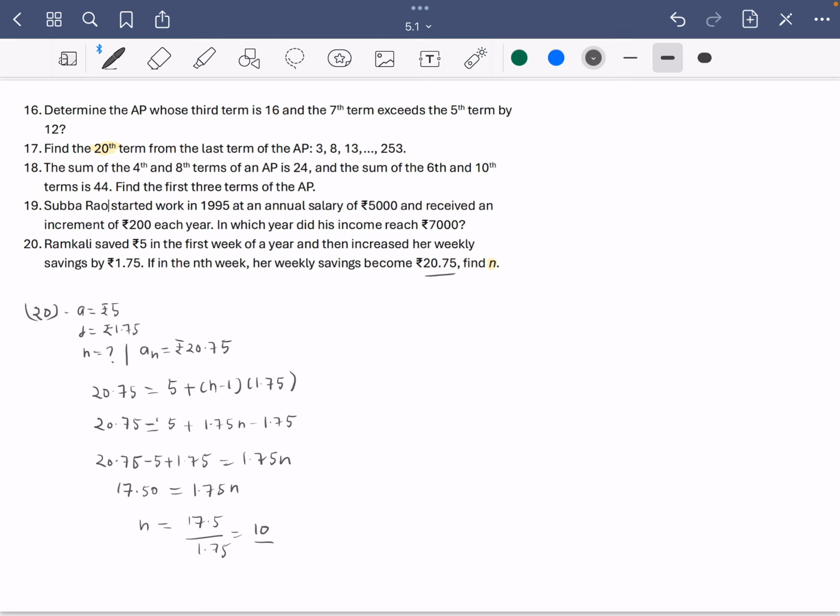You can check whether this answer is right or not, correct or not.